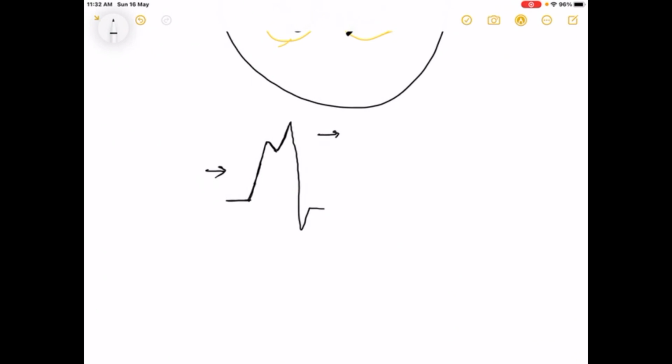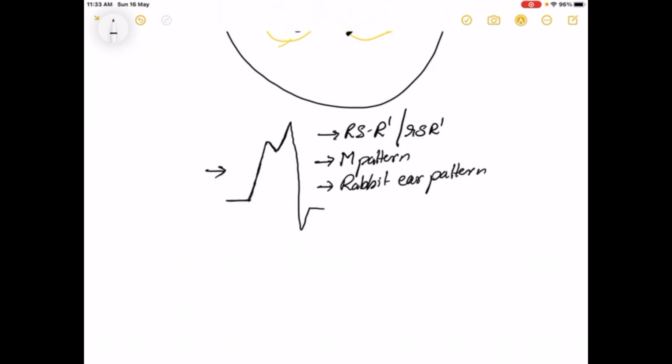This is called by various names, such as RSR dash pattern, or it is also called the M pattern, as it looks like an M. It is also called the rabbit ear pattern. It can also be called the N pattern, since some of the waves look like N instead of M.